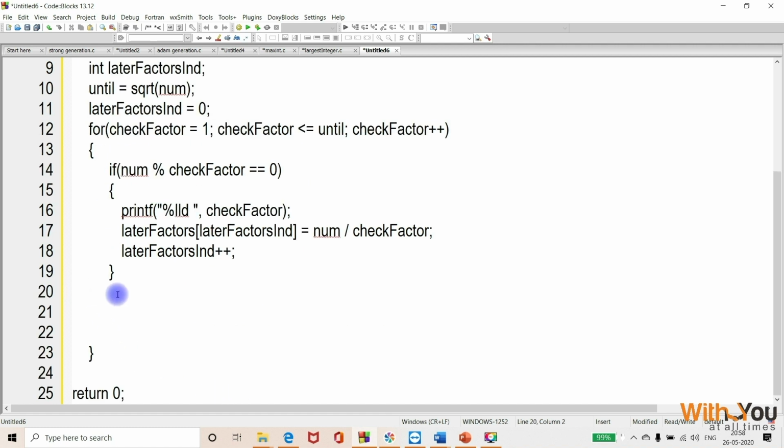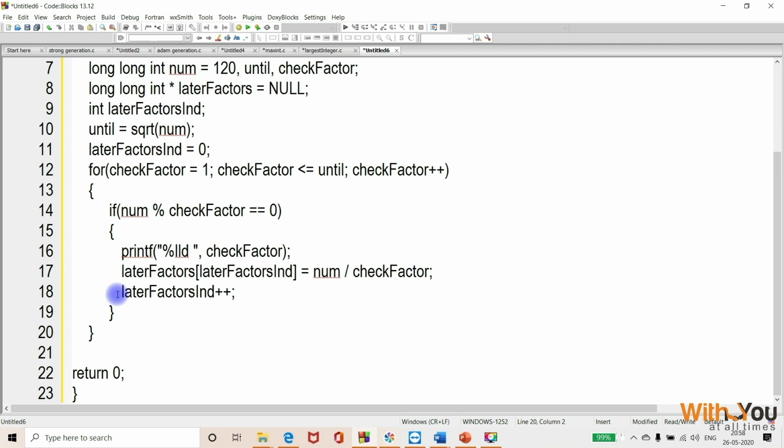But when you come out, look at it, we have populated the later factors. So what should we do with that? We just have to print it. That's it. So let's just put a for. The later factors IND is actually 1 after the last value stored. Clean. Remember, he is 1 after the last value stored. So I pull him back.